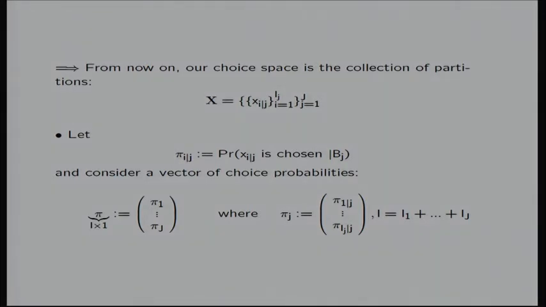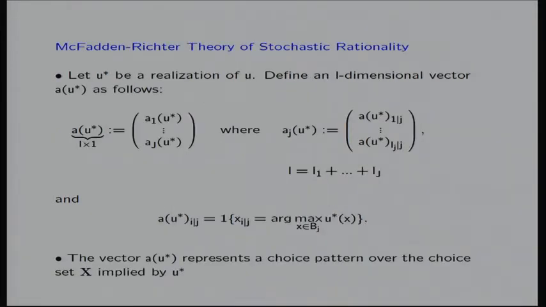Okay, so that's what econometricians observe, and then the question we can ask is, is this vector of pi rationalizable in view of the random utility model? So that's what we are doing.